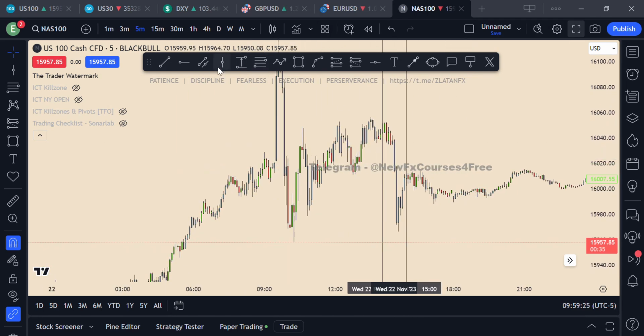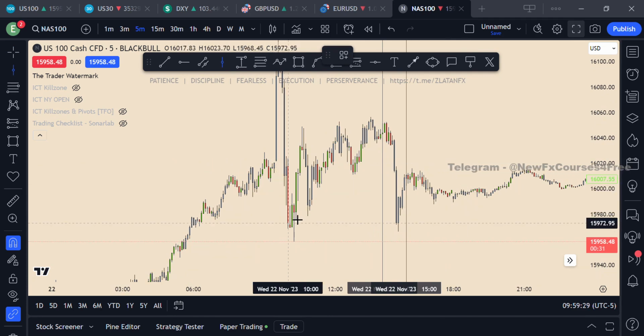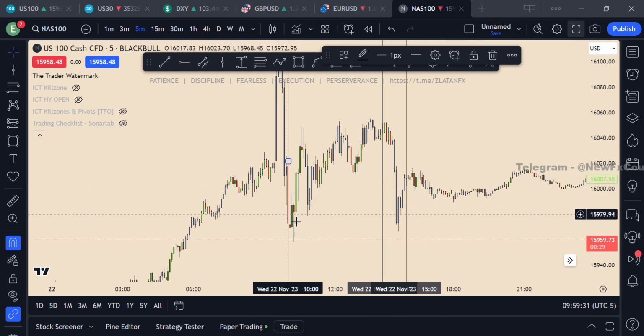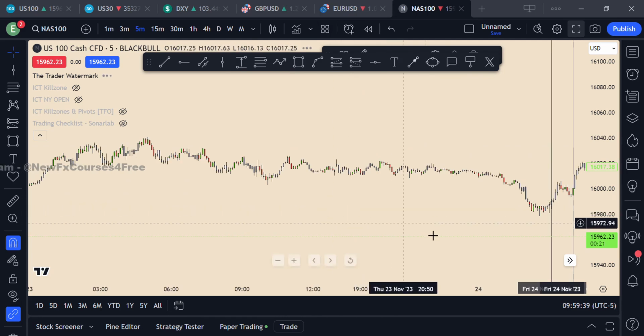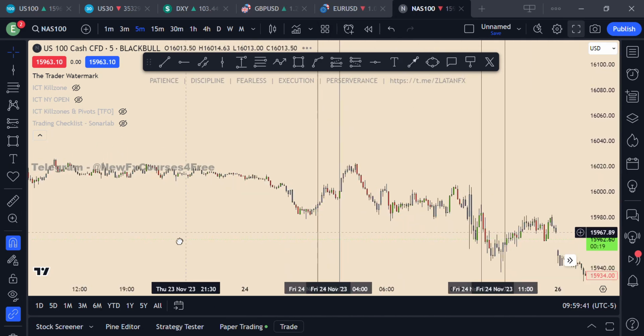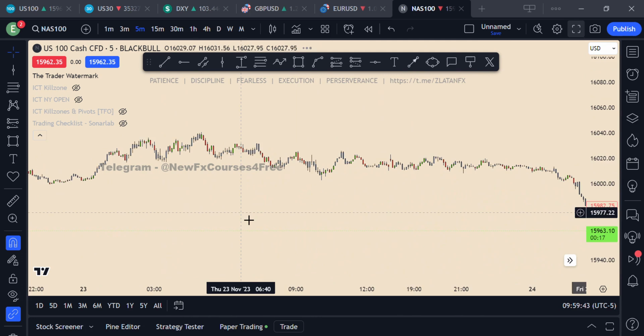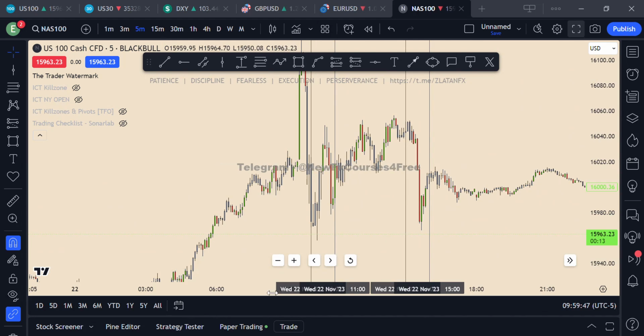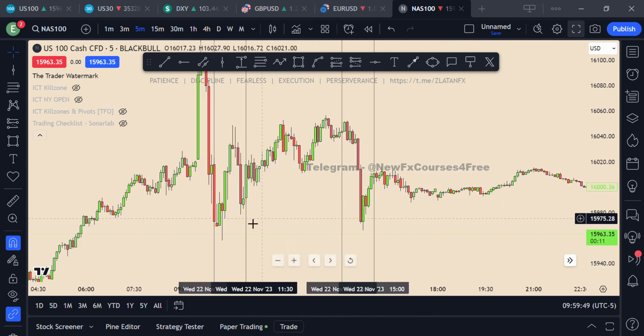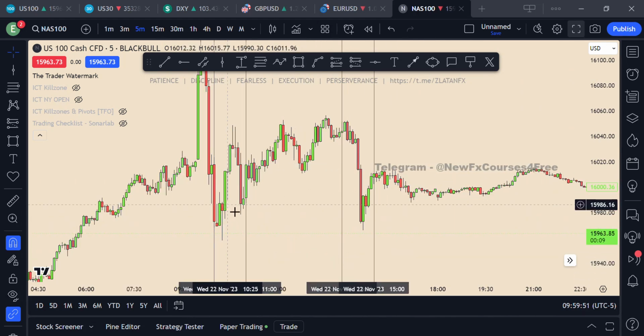It's just that simple. This is the 10 p.m. and this is the 11 p.m. You could see we use this tiny fair value gap right here, and then we expanded.